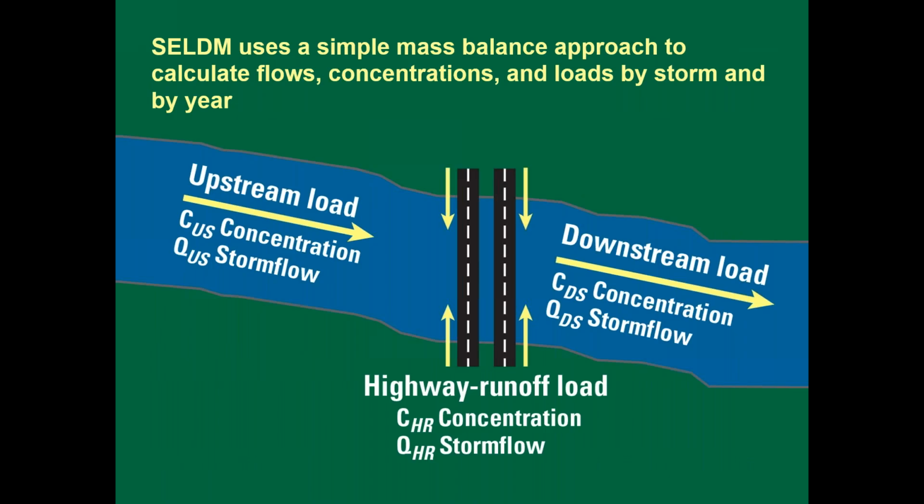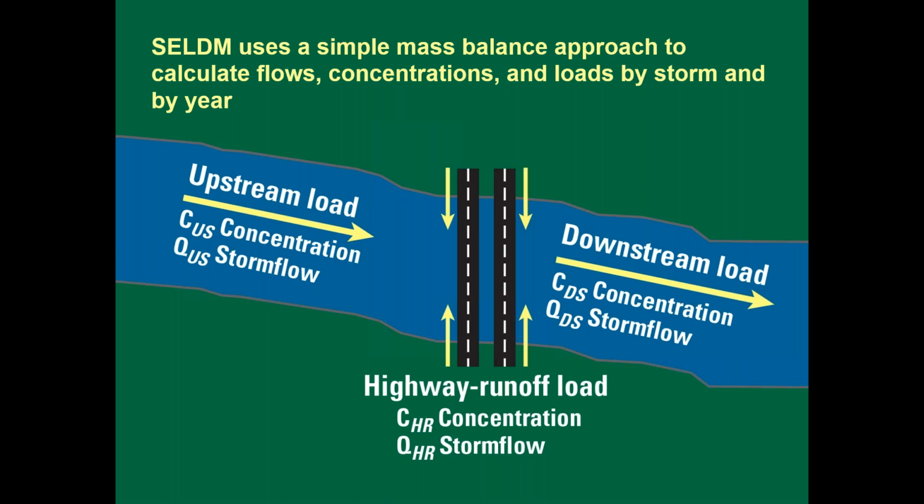So we've seen this diagram a couple times. SELDM uses this simple mass balance approach to calculate the flows, loads, and concentrations by storm event and by year. It uses Monte Carlo methods, which means it uses random generation techniques to generate a bunch of hydrologic variables to look at what would happen in the stream over time.